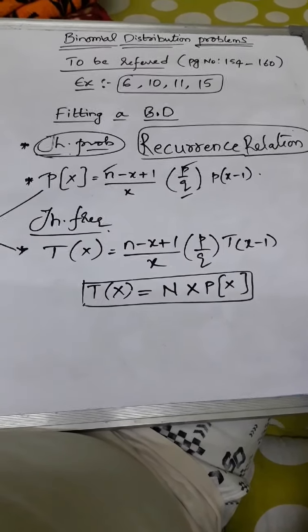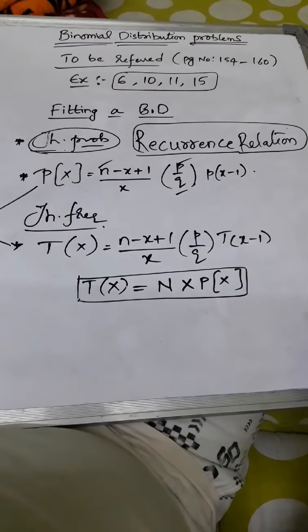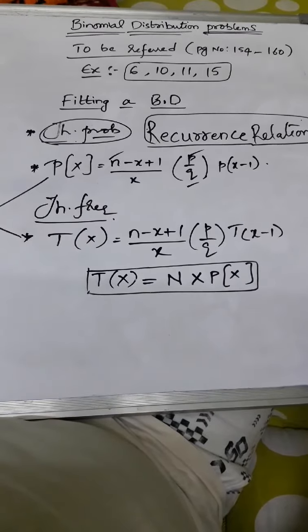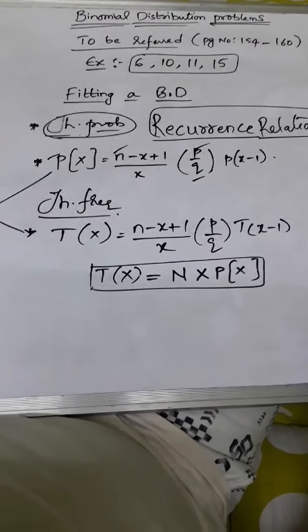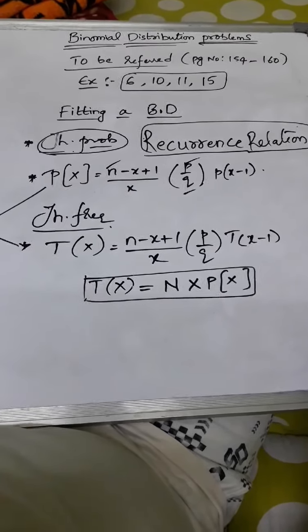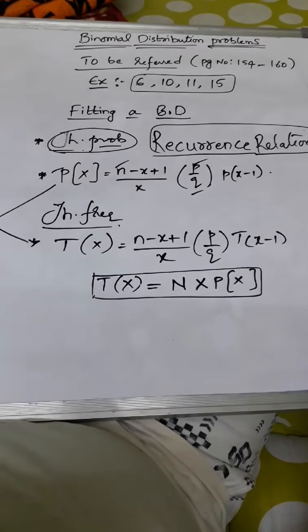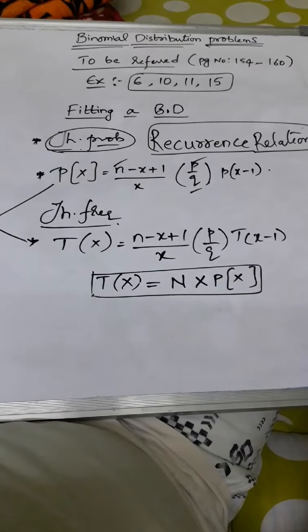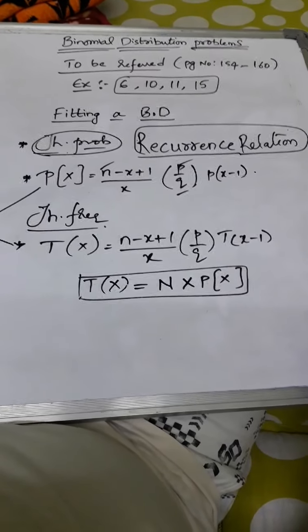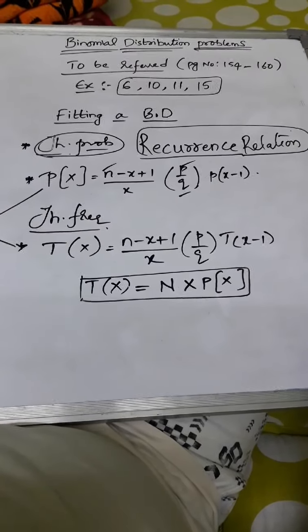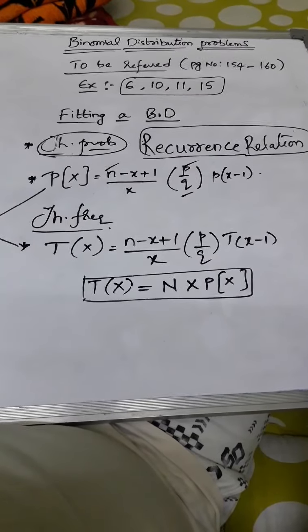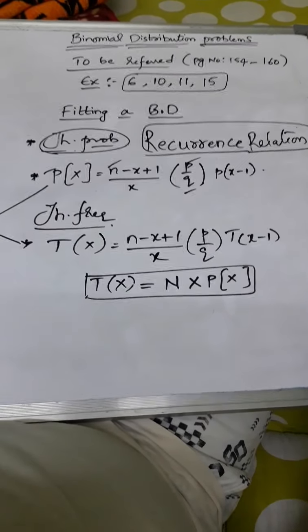Clear, guys? So n and p parameters are very essential. Those are to be found first in a binomial distribution. Even to fit a binomial distribution, first we need to observe the small n and p parameters. They are prerequisites. Sometimes n and p will be given directly in the question.